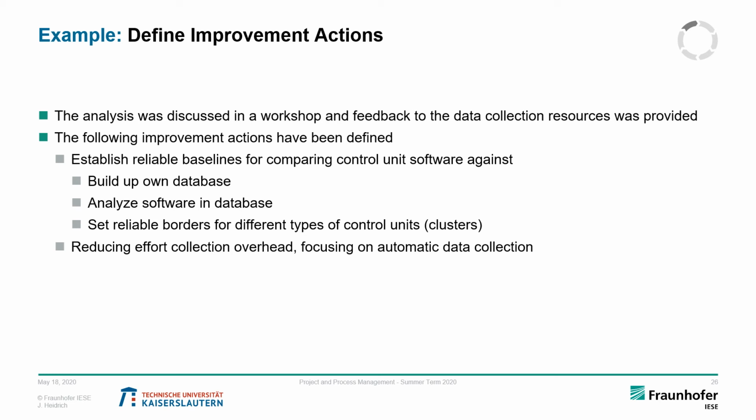One further improvement action regarding the model was to reduce the effort collection overhead. If you remember, in the third phase, the measurement plan, we had some data that still had to be collected manually, which can be problematic or effort consuming and be an obstacle for deploying and rolling out such measurement models, and some further actions that I do not want to discuss here.